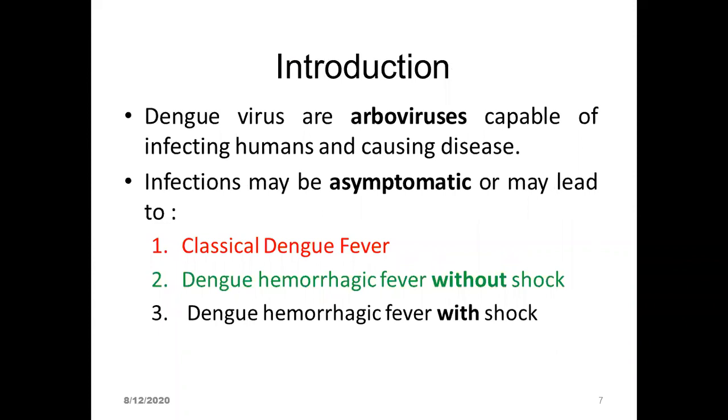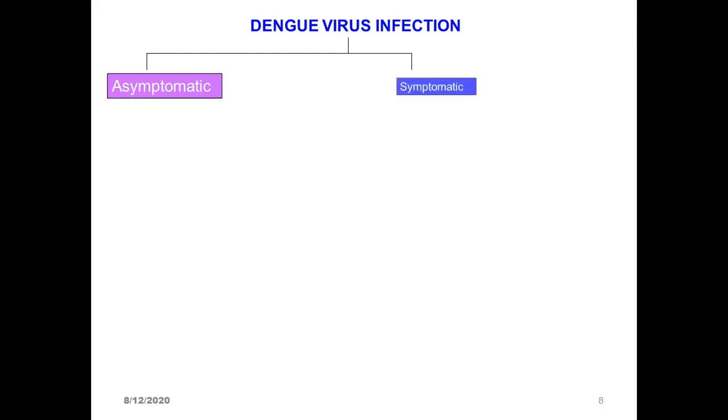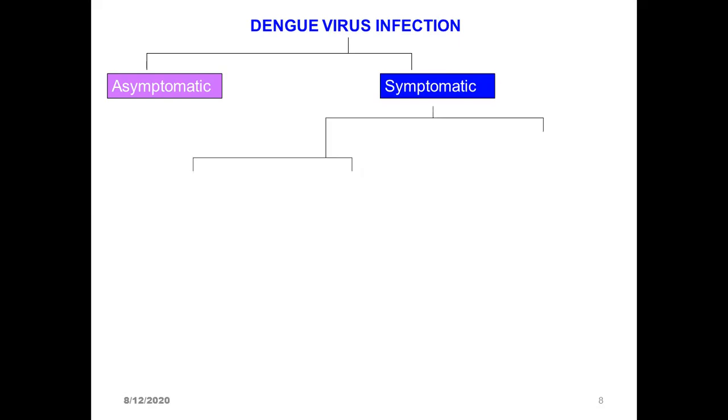Dengue viruses are arboviruses capable of infecting humans and causing disease. Infections may be asymptomatic, means without any clinical signs and symptoms, or may lead to classical dengue fever, dengue hemorrhagic fever without shock, dengue hemorrhagic fever with shock. So, dengue virus infection can be asymptomatic or symptomatic, means with clinical signs and symptoms.